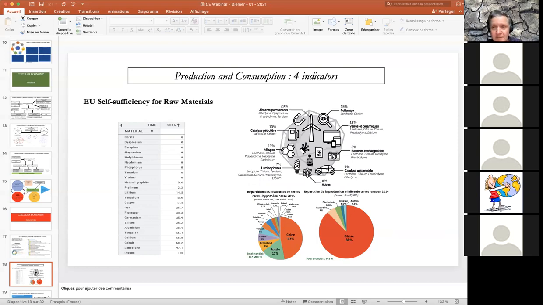And even for some where we are sufficient, like indium, we start to see today that we use less and less indium because new materials are coming. So the big deal today is how we develop this new economy with much more security, and maybe with the problem of security of materials.